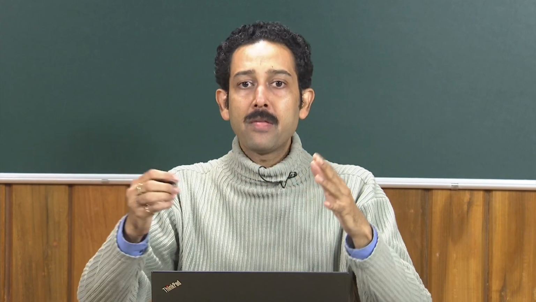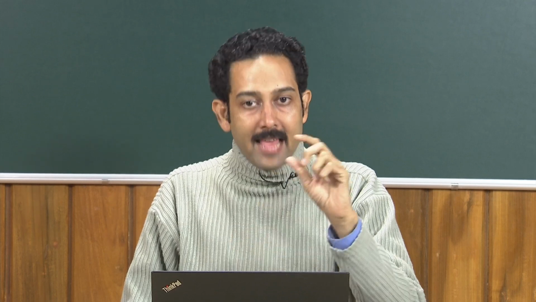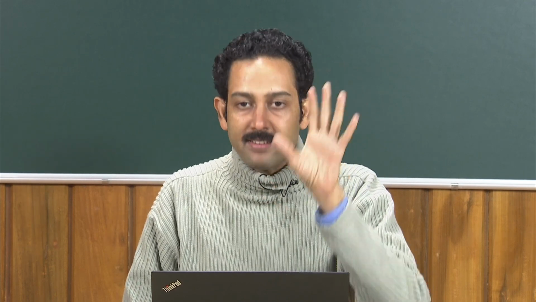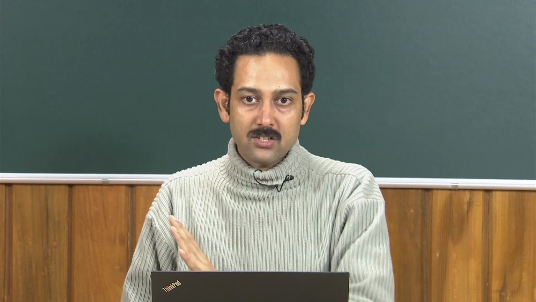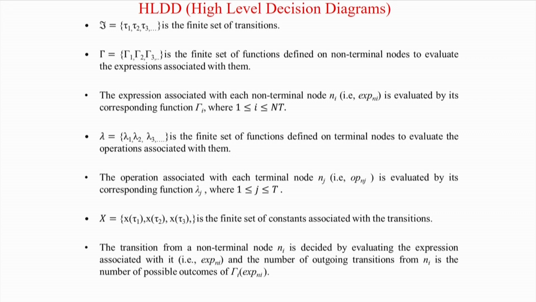Depending on some of the variable values like A is greater than B, A is less than B, that is more or less the register outputs, that will be represented by the non-terminal nodes. Based on the condition, some operations happen which update the value of the registers. That will be represented by the terminal nodes. Just take it that way. Then there are of course the transitions, which are represented by the transitions.